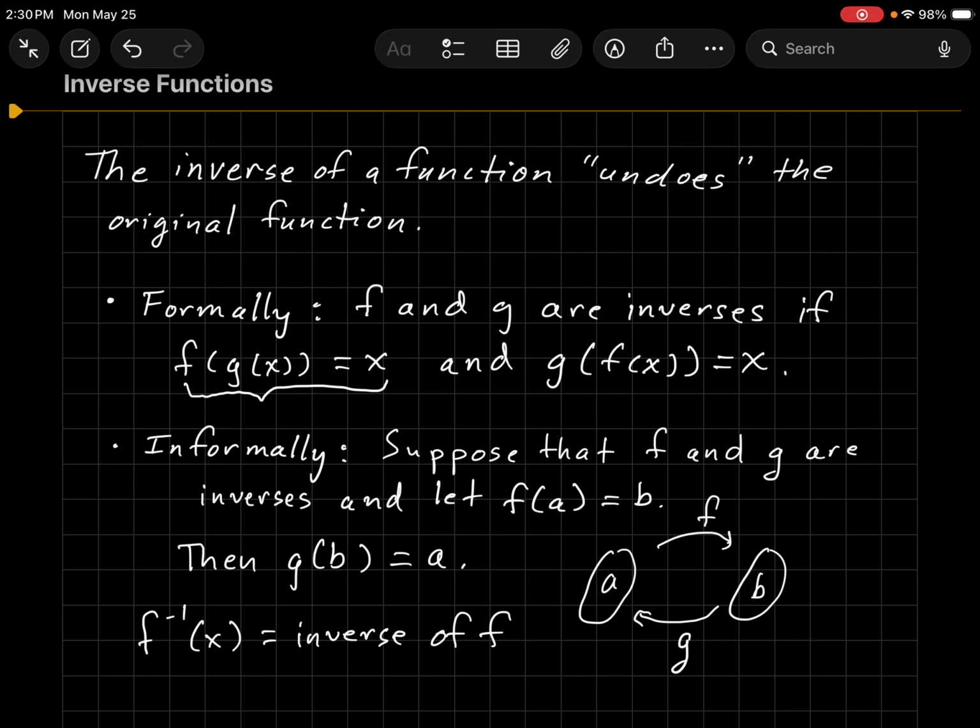So when we're dealing with this notation, we need to be clear which one we mean. Do we mean the inverse or do we mean 1 over? So when we use it in this video, f to the negative 1 is going to represent the inverse of f.